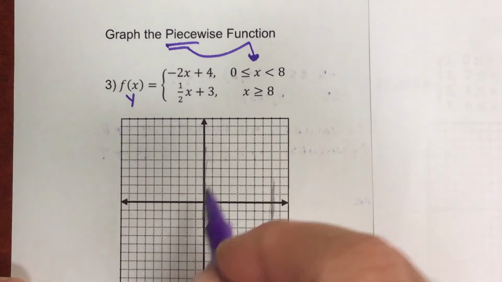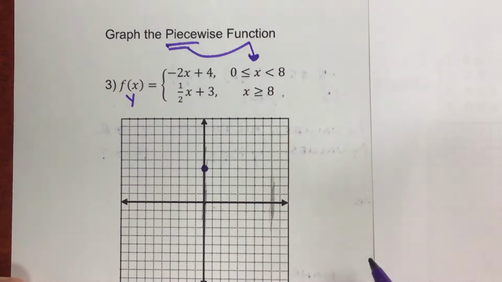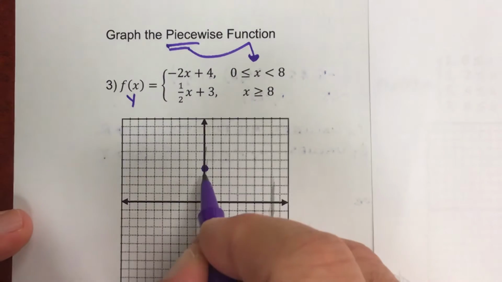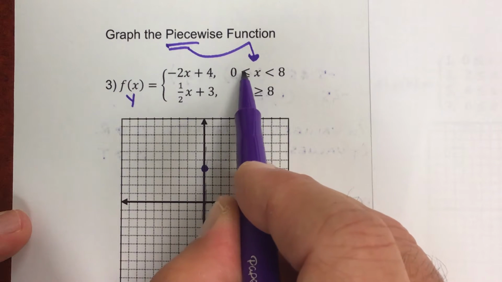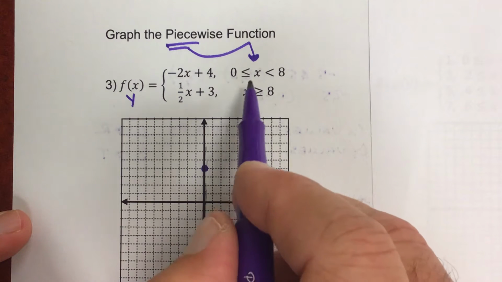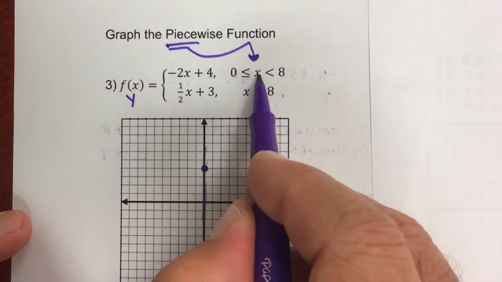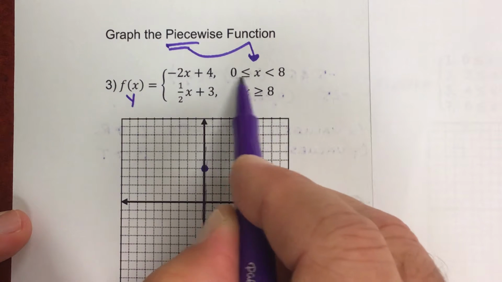Here's your y-intercept, plus 4. 1, 2, 3, 4. So I'm going to put a dot there. Now, I shouldn't have put a dot there because I should realize that this is an inequality here. I got lucky because x is greater than or equal to 0.